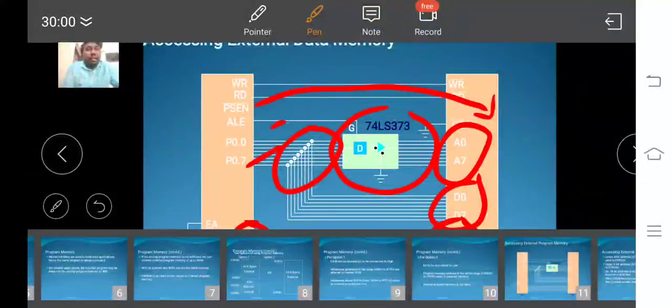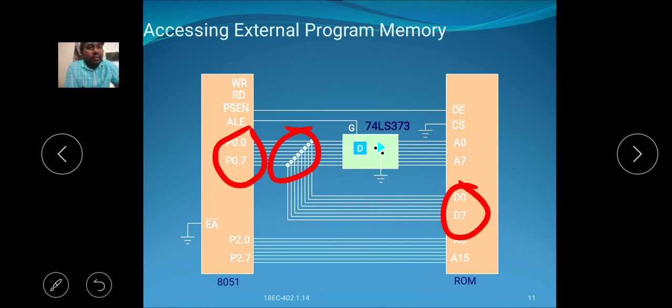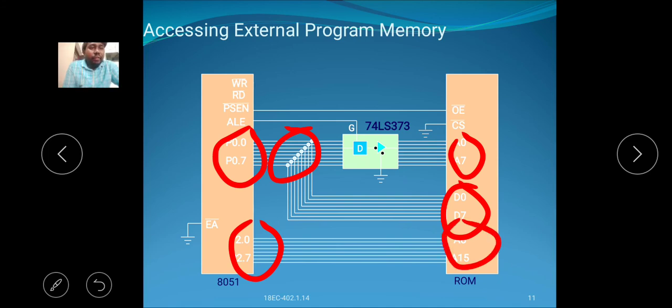Same as here, we also have accessing of the external program memory. Here P0.0 to P0.7 carry the address and data lines, D0 to D7 and A0 to A7, and Port 2.0 to 2.7 carry A8 to A15.